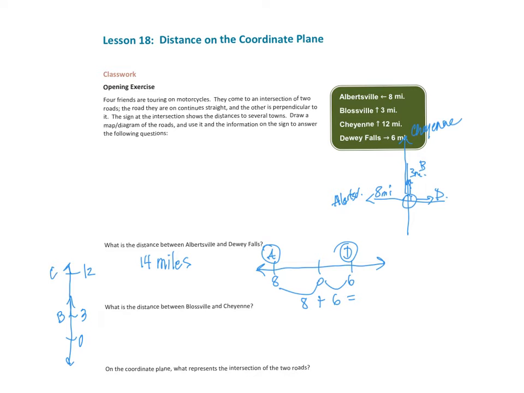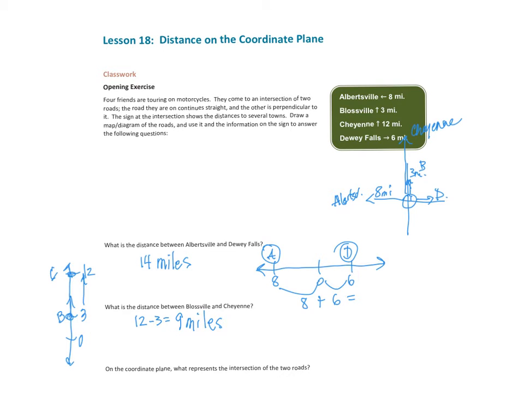That's C, but I'm not going to stop. Okay, so now what I have to do is go from 3 to 12. So actually 12 minus 3 to find the difference. And I'm thinking 9 and 3 is 12. Okay, so 9 miles is the distance between those 2 places, right here and right here.